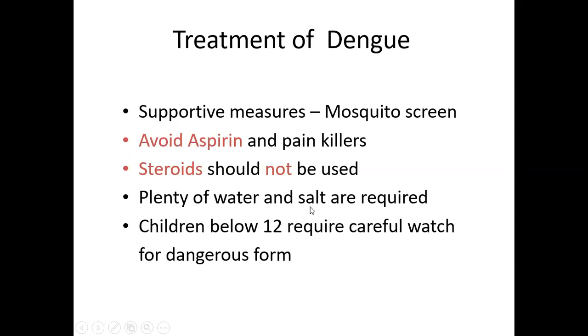Plenty of water and salt are taken orally, and children below 12 years require careful watch for the diagnosis of which type of the virus infection it is: classical dengue fever, dengue hemorrhagic fever, or dengue shock syndrome, because children are more liable to get the severe forms.